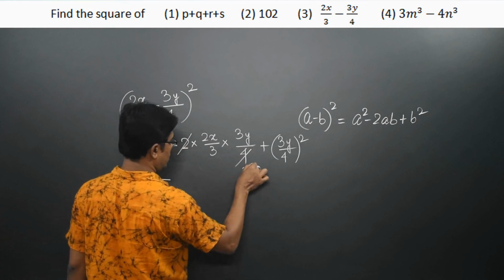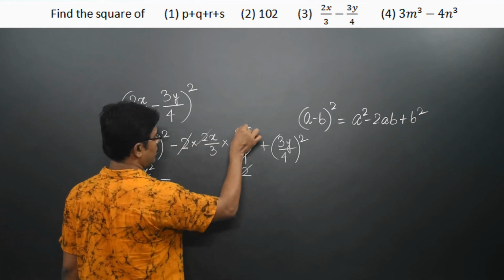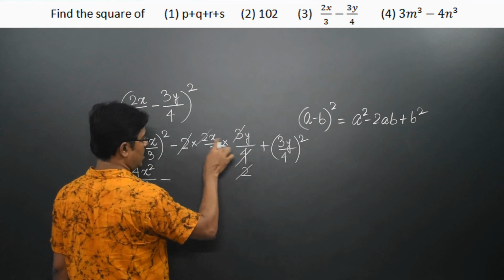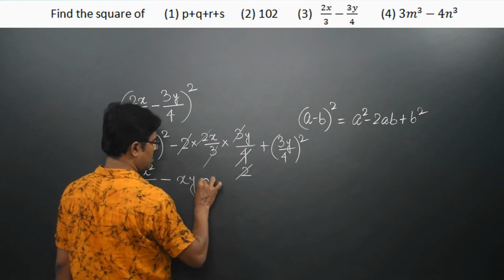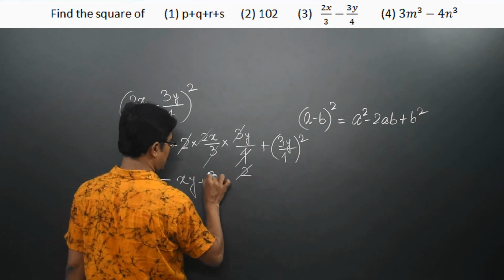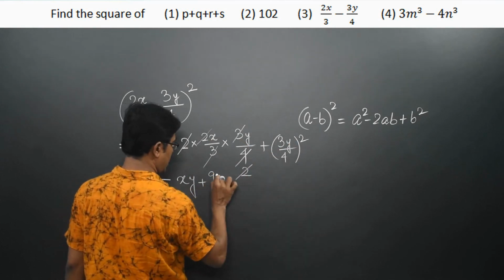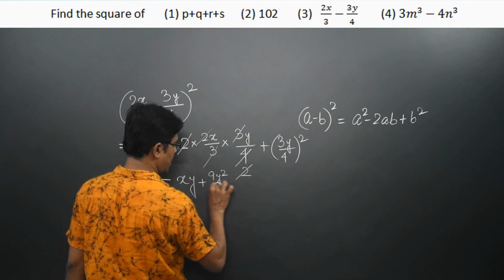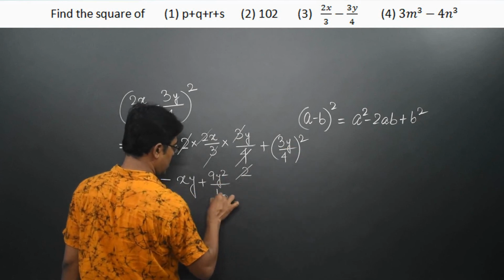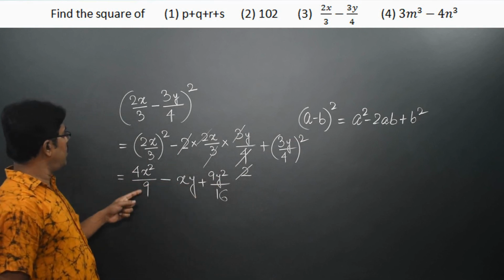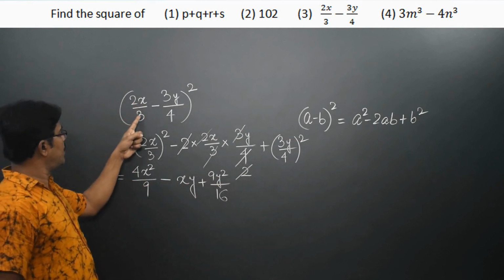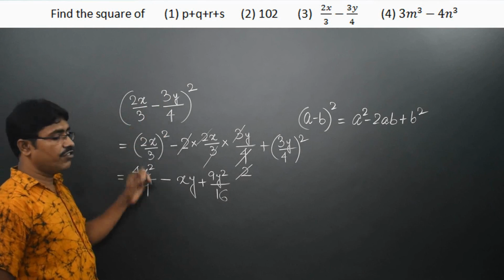So here it is 2, 2, 2, 3, 3. Here xy remains, plus 3 square, that is 9y square by 4 square, that is 16. This is the square of 2x by 3 minus 3y by 4.